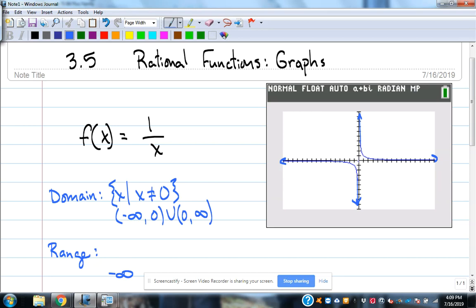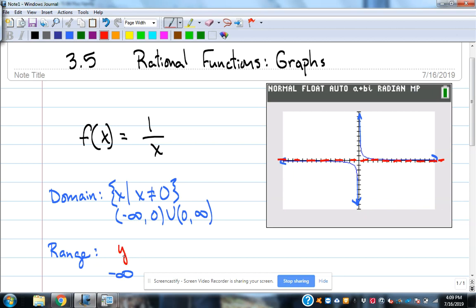And then it goes up, and it looks like it's skipping a number here, and it is. It's actually skipping right here on the x-axis. I'm going to draw a little horizontal dotted line there. Right there is the y value that it can't be, and that's 0.